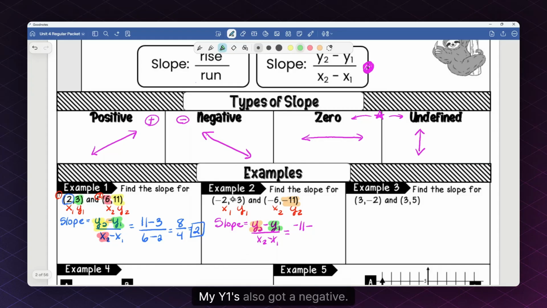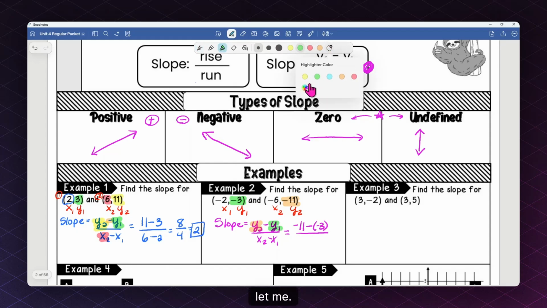My y1's also got a negative, so I'm going to be real careful that I don't do some sort of weird math here. So I'm going to do minus a negative 3. I put that negative 3 in parentheses because I'm calling attention to the fact that I'm subtracting a negative. So I'm showing that there's two negatives there. It's a way to get your brain to pay attention to what you wrote down.